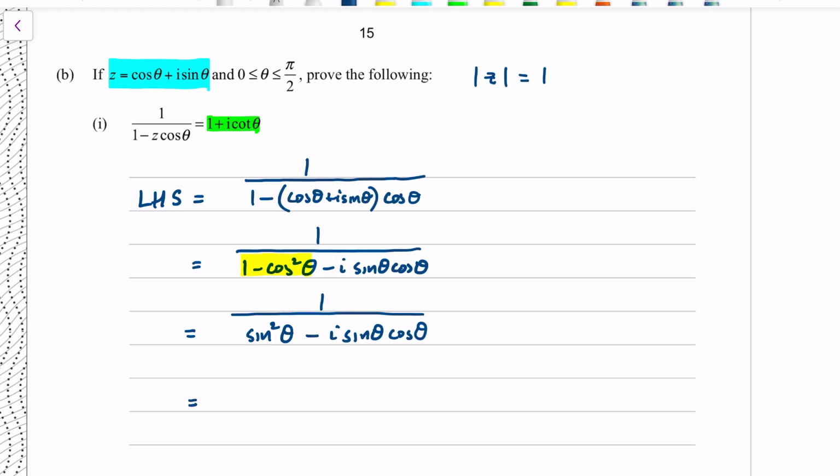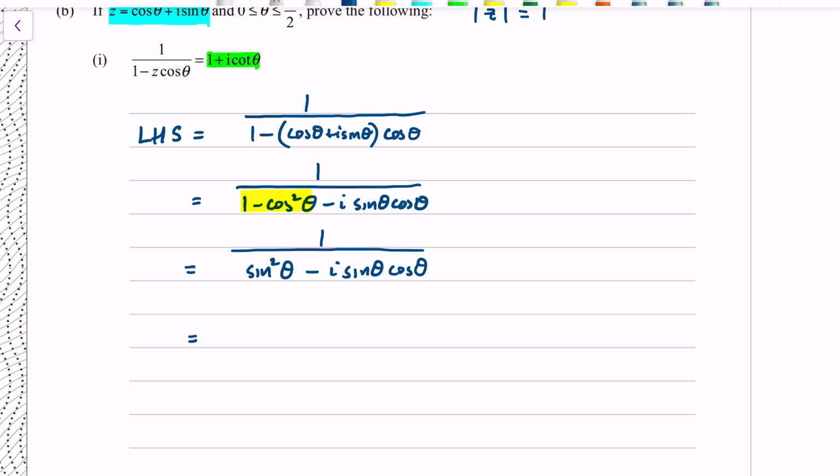So I notice in the denominator there's a factor of sine theta in both terms. If I can factor that out, sine theta there multiplied by sine theta minus i times cosine theta, this kind of sets up nicely for using the conjugate.